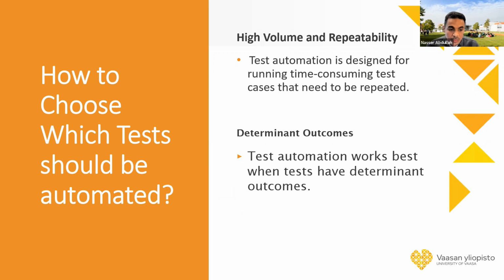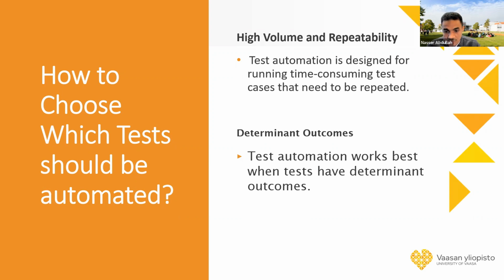Automate some modules that can produce some output, for example, calculating something. This is better to automate because it's easy, it avoids human errors, and it's also more efficient.